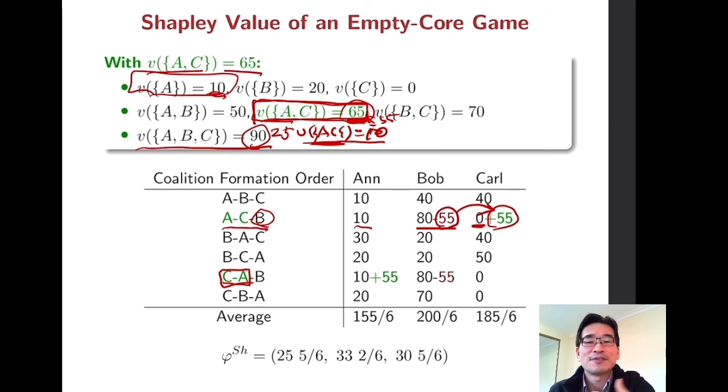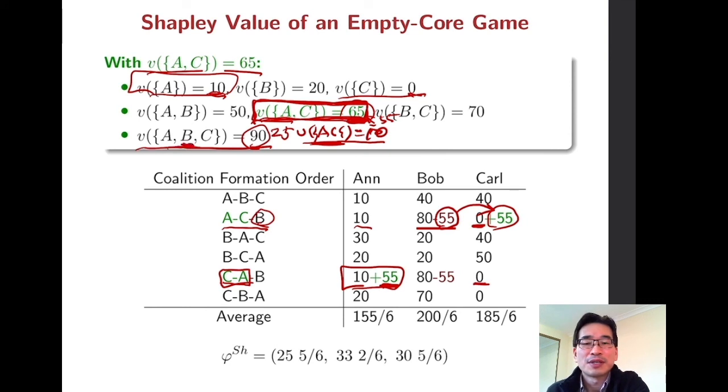There is another order that influences the allocation, which is CAB. C comes first, takes 0, and then A can enjoy this bigger marginal contribution. So A's marginal contribution is 65 from 0, and then Bob joins.